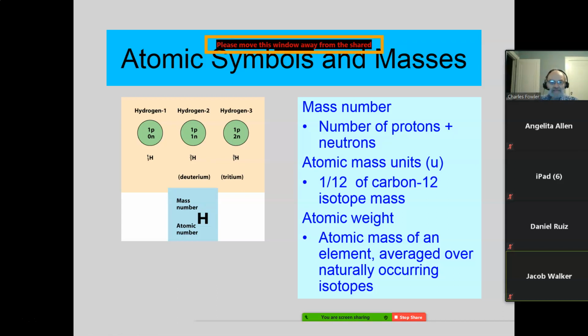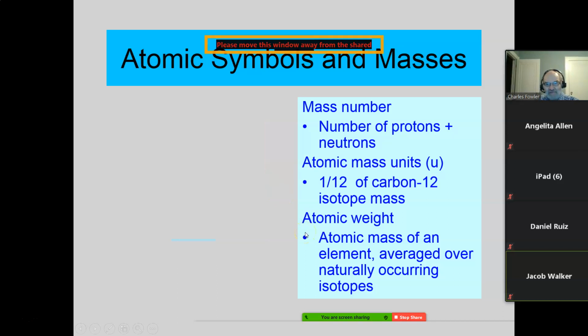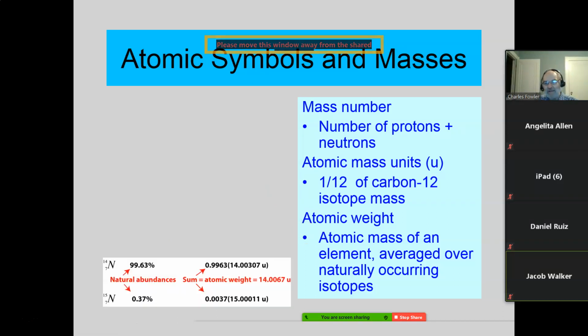Okay, so that doesn't account for the atomic weight. Let's see, the next example will. Yeah, here we have it. Now what they're going to use here is nitrogen. Nitrogen has basically 2 isotopes.